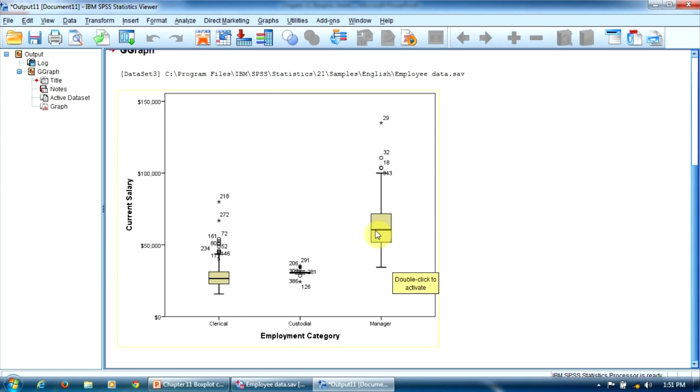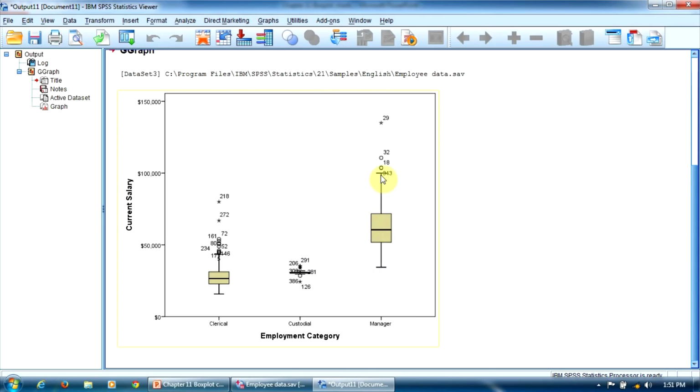The thick line in the box represents the median of the distribution, while the lower and the upper line of the box represent the first and the third quartile respectively. Therefore, the box height is nothing but the interquartile range, the difference between the third and the first quartile.